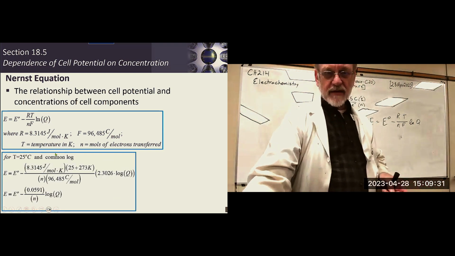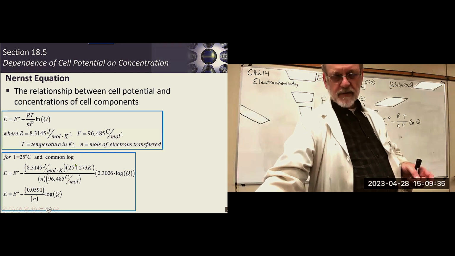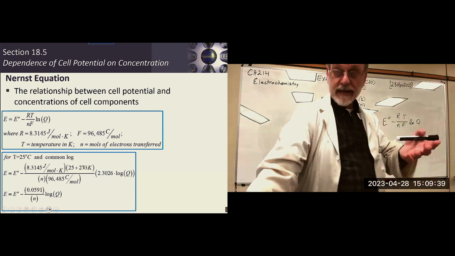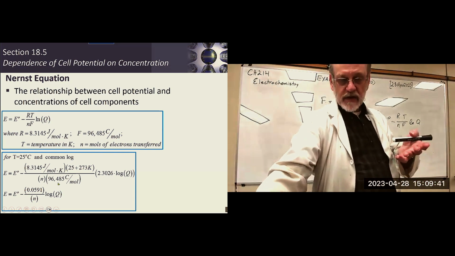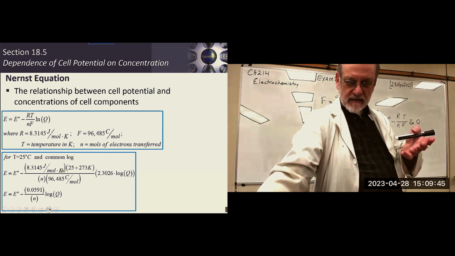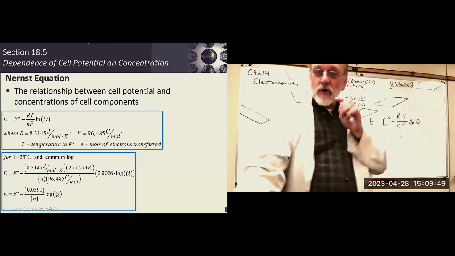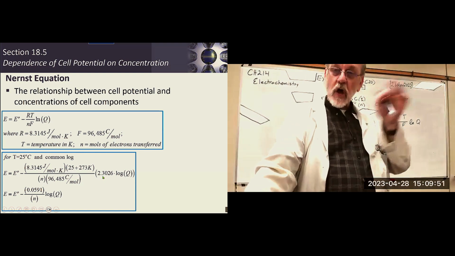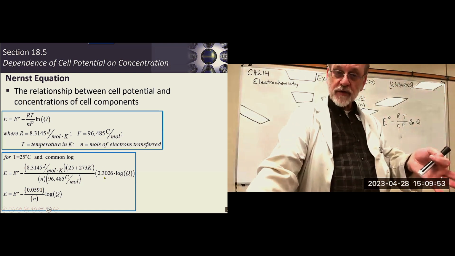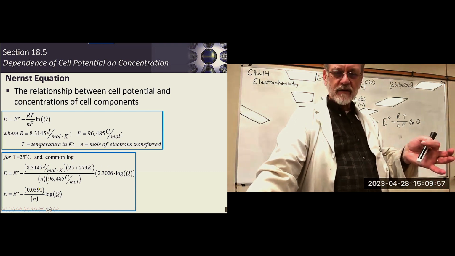So when we convert the temperature from 25 degrees to whatever temperature in K, and then we incorporate the Faraday constant and the gas constant, and we have a conversion factor for natural log to common log, which is 2.3026, then that all combines into this factor.